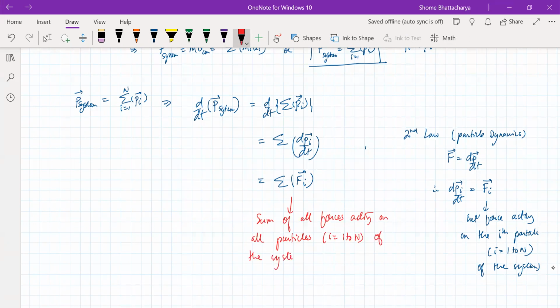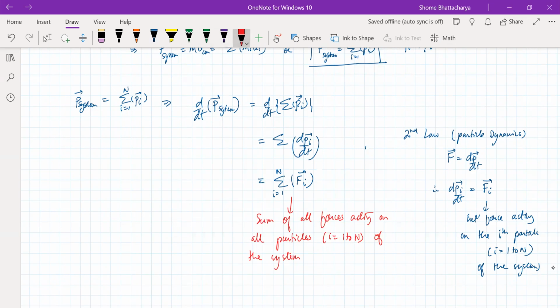Okay, why is it the sum of all the forces? Because Fi itself is the net force acting on a particular particle. So Fi is the sum of all the forces acting on one particular particle. And then we are doing summation of Fi for all the particles, from i equal to 1 to n. So that means we are adding up all the forces acting on each particle and then adding up these net forces for all the particles. So it is nothing but the vector sum of all forces acting on all particles.